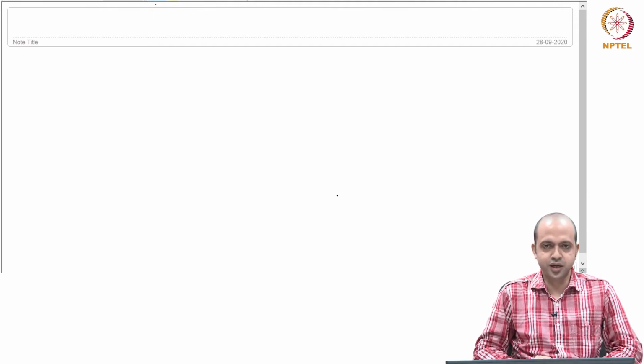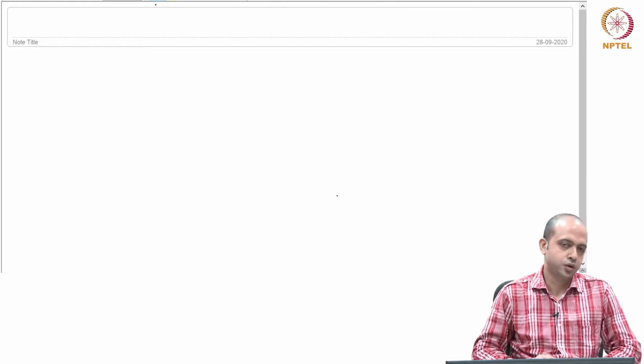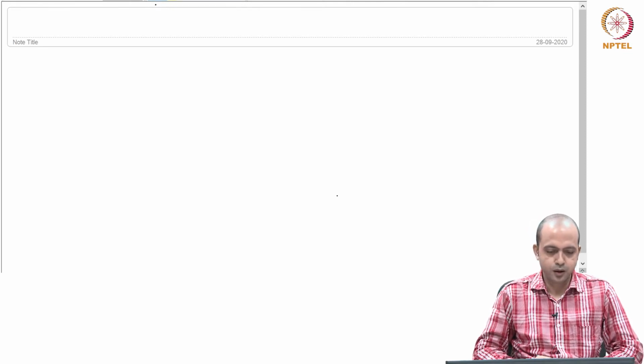Then in the second case we introduced a quantitative variable as well on the right hand side, and we call that model the ANCOVA model. Then in that ANCOVA model itself we got another case, the third case of our discussion, where we were interacting the dummy variable with the quantitative variable.